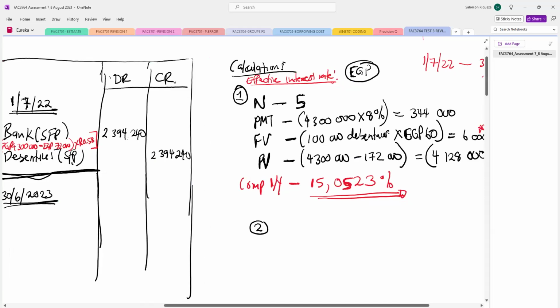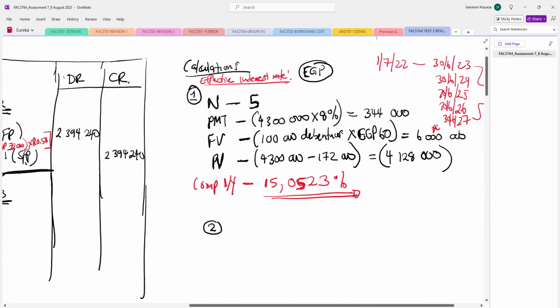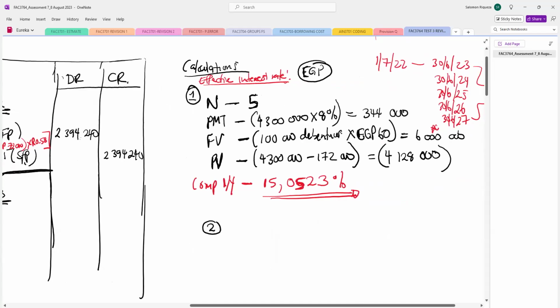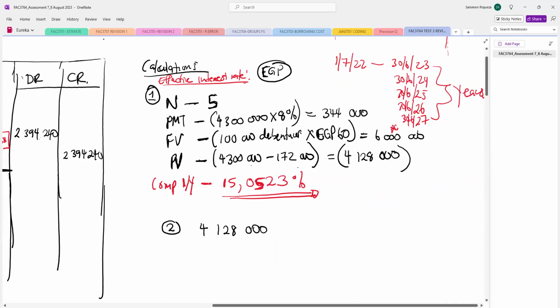My value of how much it was here. So it was 4.3 minus 172, this value, this one. So 4128, this is how much it was worth. All right, the debenture. And then I'm going to use the interest rate, which we calculated, which is 15.0523%. Remember, this is in Egyptian pounds.